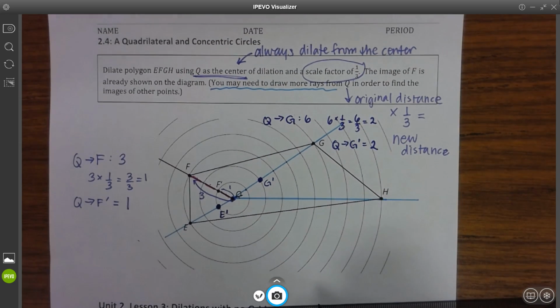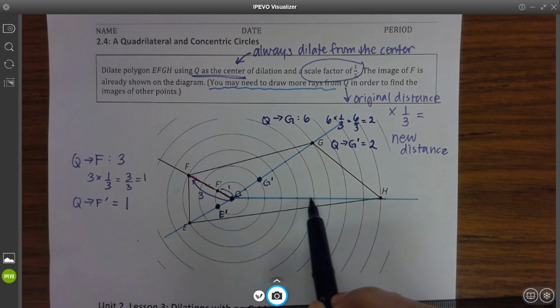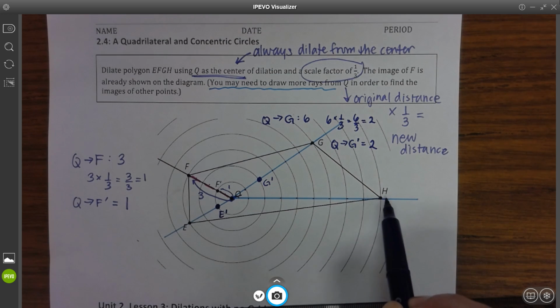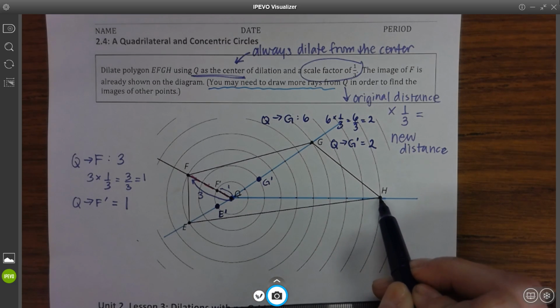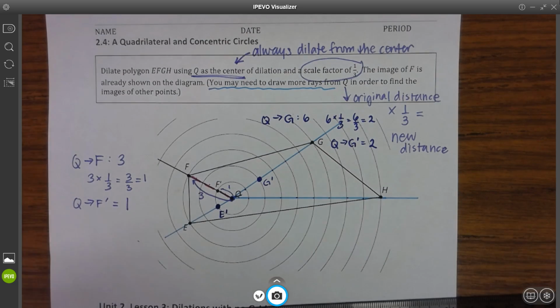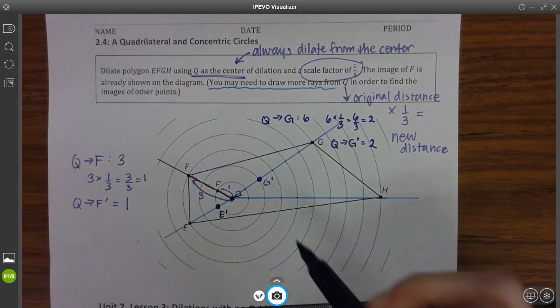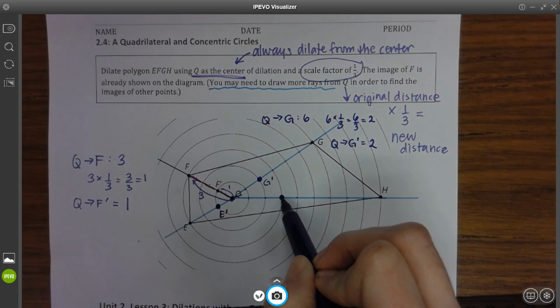Now for H. 1, 2, 3, 4, 5, 6, 7, 8, 9. So from Q to H is 9. I need 1/3 of that. If I cut 9 into 3 groups, each group has 3. 1, 2, 3.